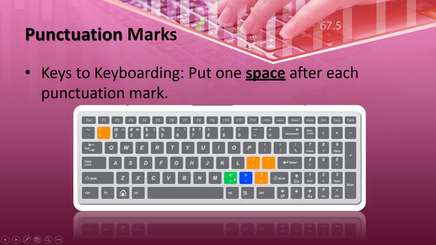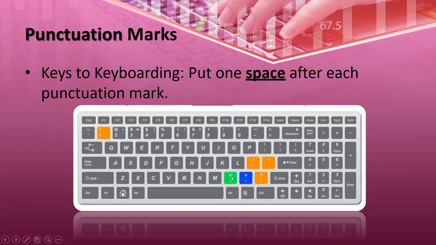And you can see here the green color key, it indicates the punctuation marks, the less than sign and the comma. The green color means the middle finger. So we have to use our right hand middle finger to press this comma and this less than sign.